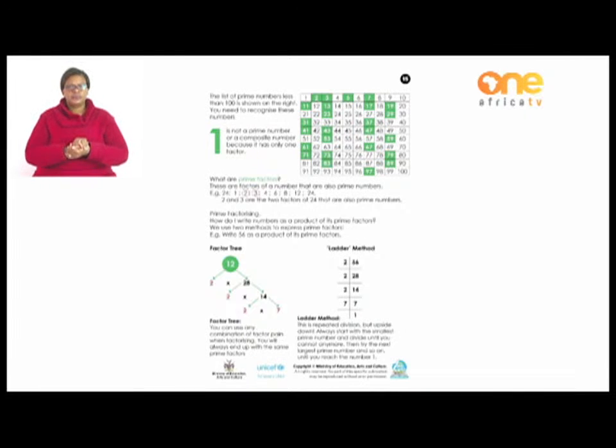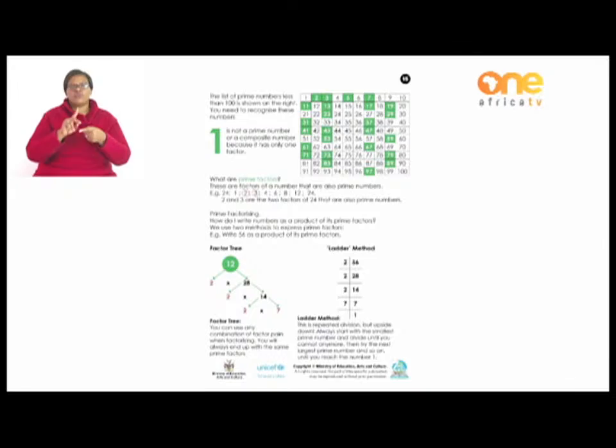Prime factorizing. How do I write numbers as a product of their prime factors? We use two methods to express prime factors. Given an example of 56 as a product of its prime factors, the two methods are shown there.